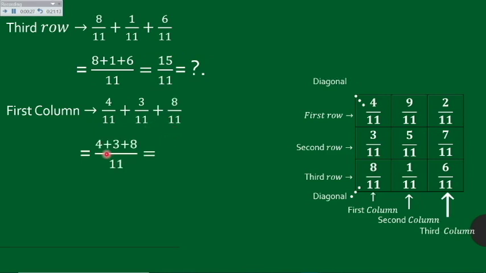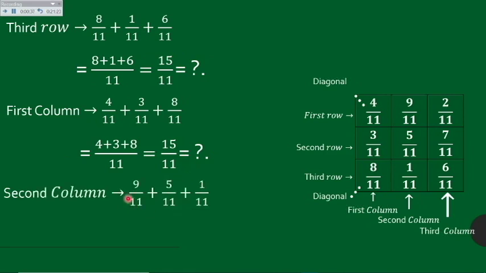When we perform addition, 4 plus 3, 7 plus 8 equals 15, 15 upon 11. Now second column, 9 upon 11 plus 5 upon 11 plus 1 upon 11. 9, 5, 14 plus 1, 15. Here also you will get the same answer.